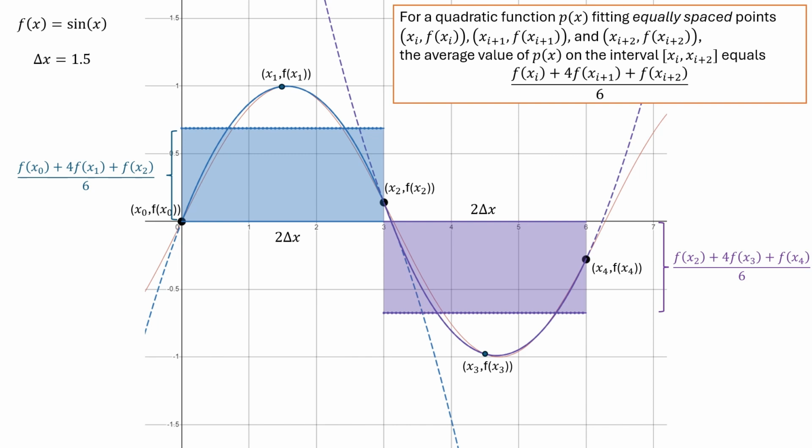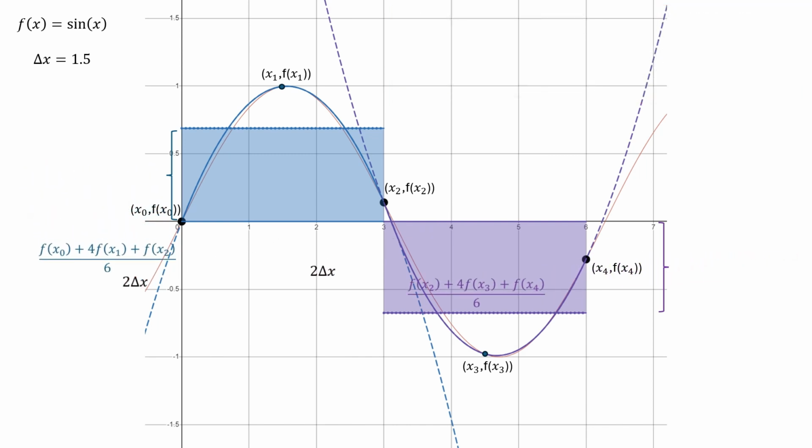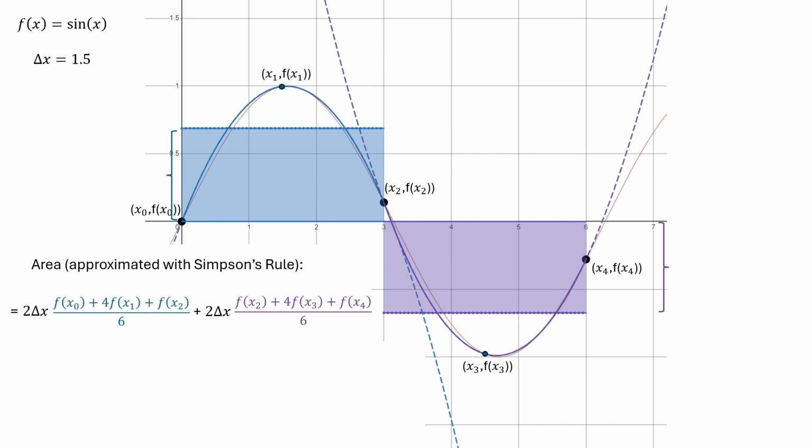This means that our approximated area is the following. We can factor out the 2 delta x and the 6 since they're in all the terms. 2 divided by 6 is 1/3, so we're left with delta x over 3 on the outside.